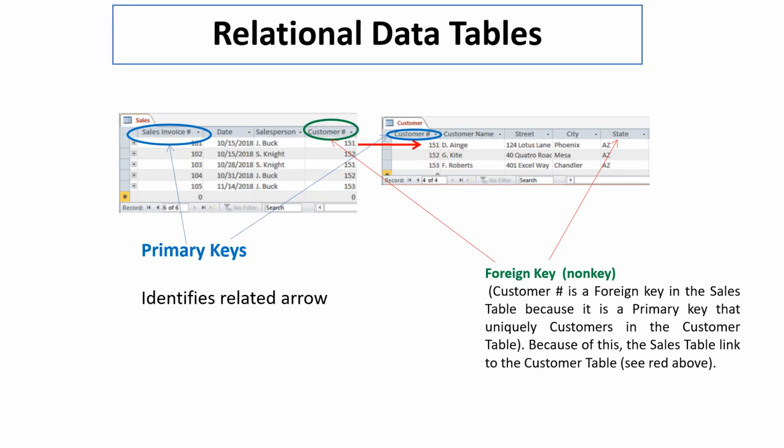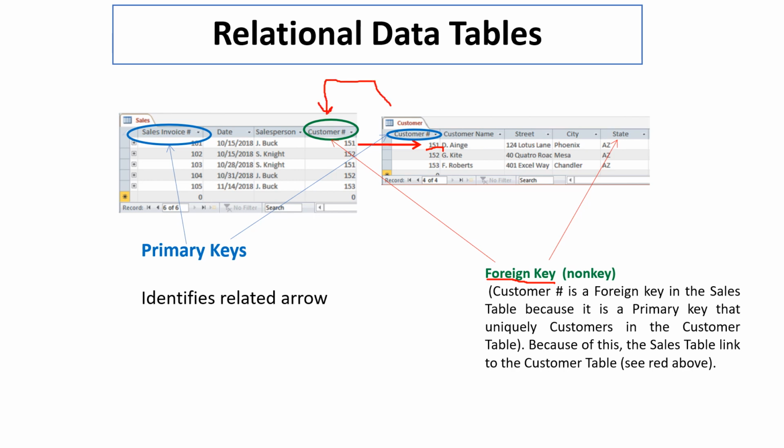Before we discuss the relational data tables, let's say here what the foreign keys and the primary keys are. Generally, the primary key identifies related rows. So in this example, we have 151 as the primary key for the customer table, and it is a foreign key in the sales table.